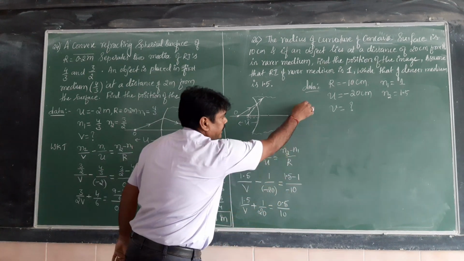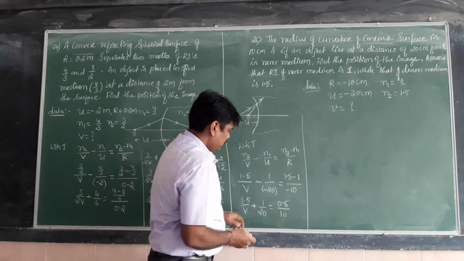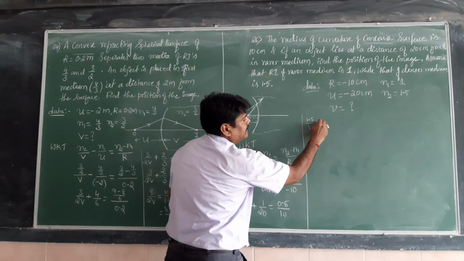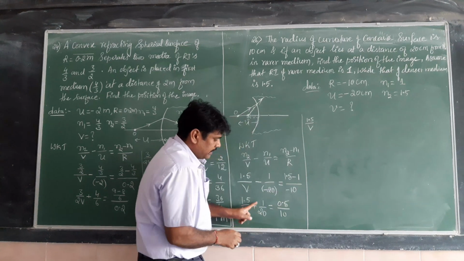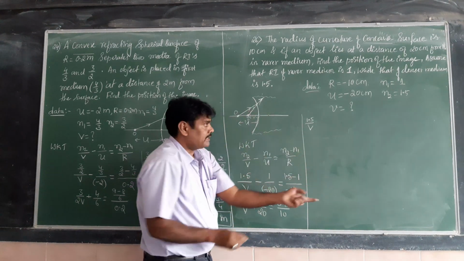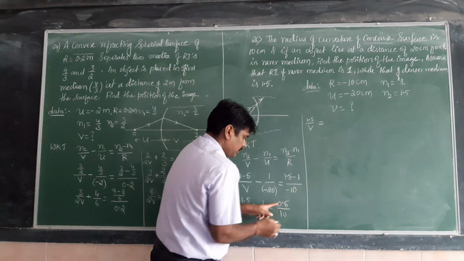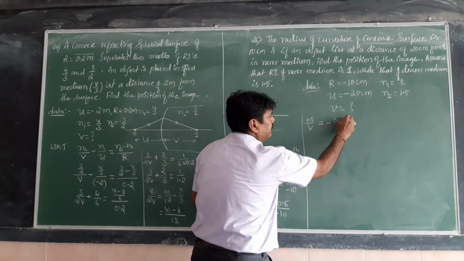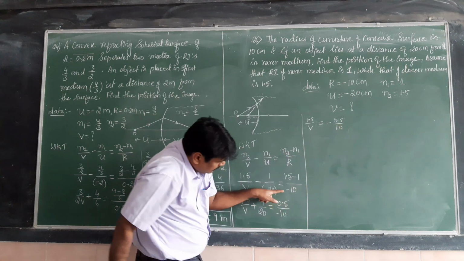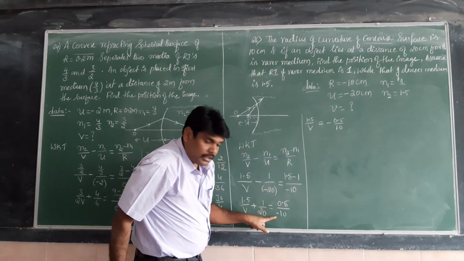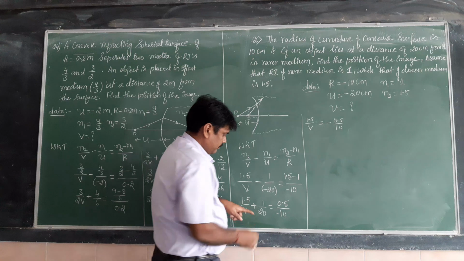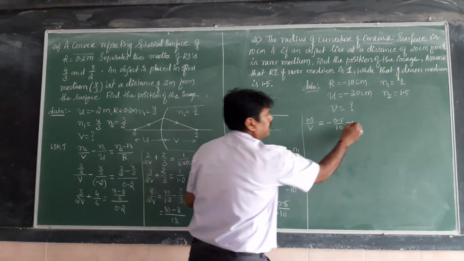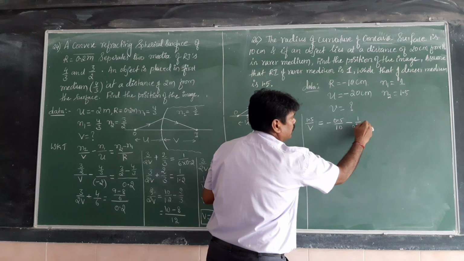To simplify, keep 1.5 divided by v as it is. Transfer plus 1 by 20 to the right hand side. It will become minus 0.5 divided by 10, carrying the minus into the next step, minus 1 divided by 20.